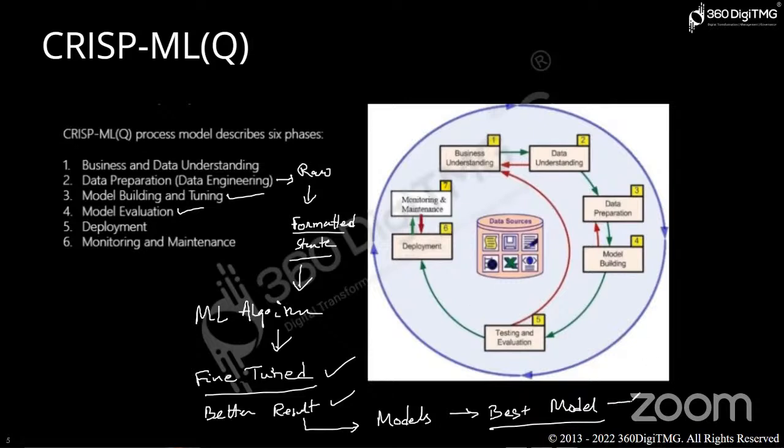Once the best model is chosen, next we'll be creating an app based on it. This app can be a mobile app, web app, any kind of app. You have seen oximeters: you place a finger inside and it tells you the blood oxygen level, the SpO2 level.